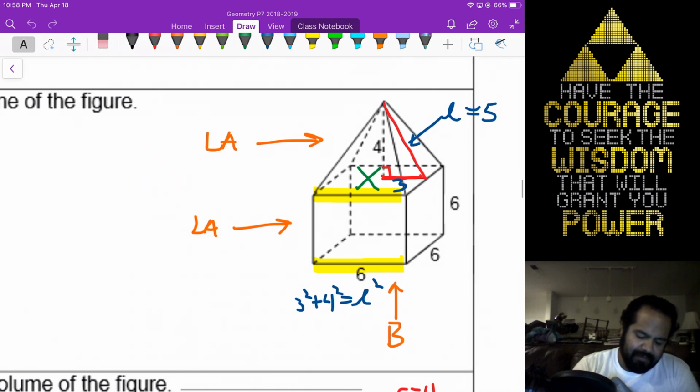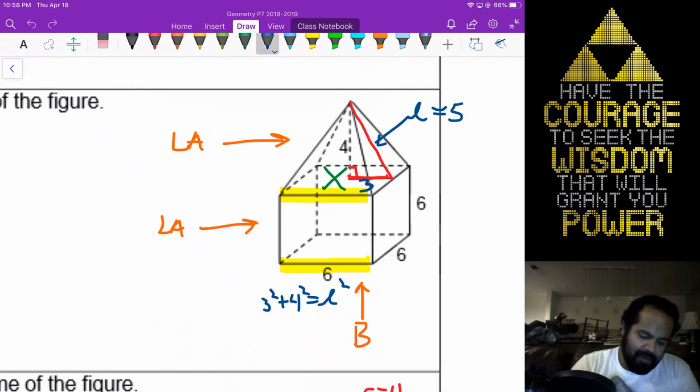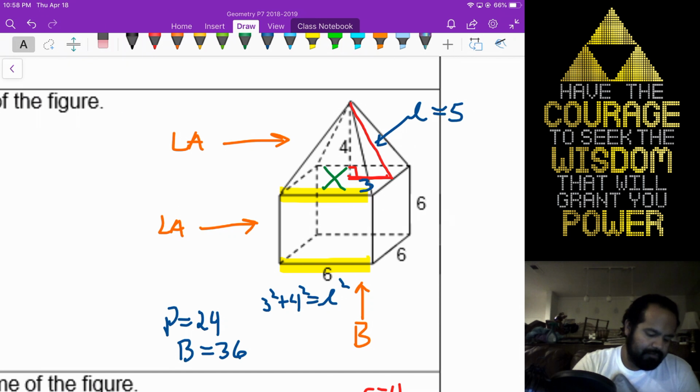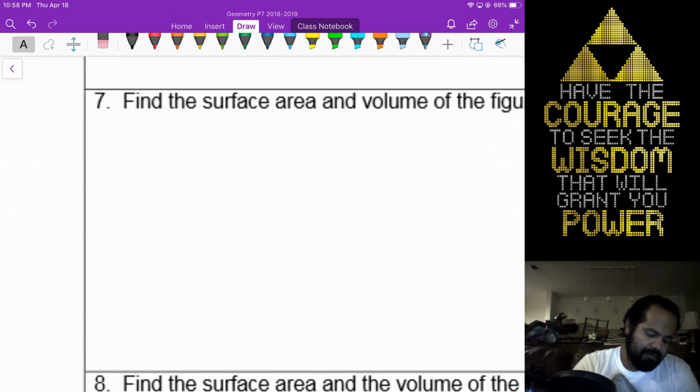Let's see here. That's a 5. We should probably find our perimeter and our base area since we're already here. The perimeter is just 6 times 4, so that's 24. Our base is a square, so we're going to be doing 6 times 6, which is 36. All right, pyramid.